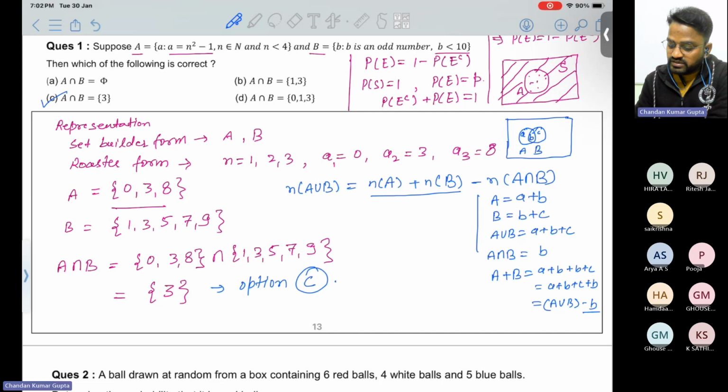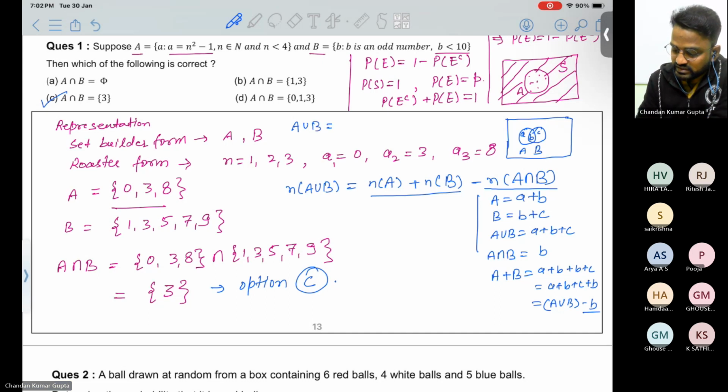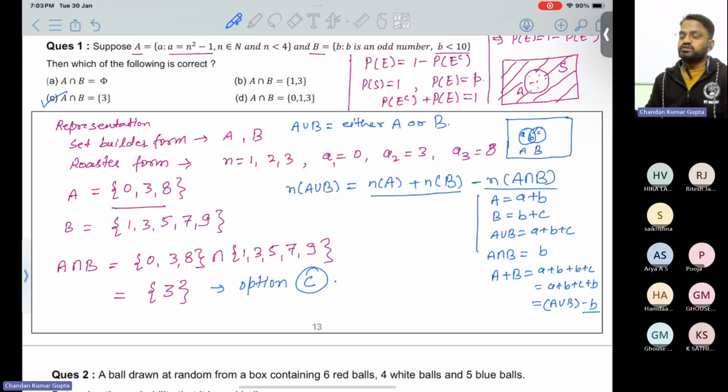In A and B, small b is the common element, so we should subtract it because we counted it twice in A union B. A union B is defined as either A or B, and in set theory we should write the elements only once.